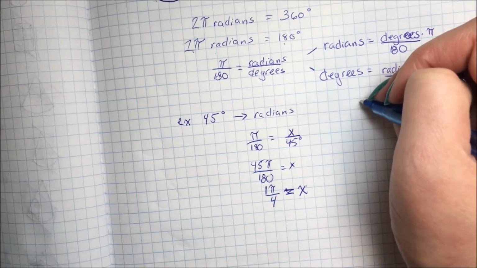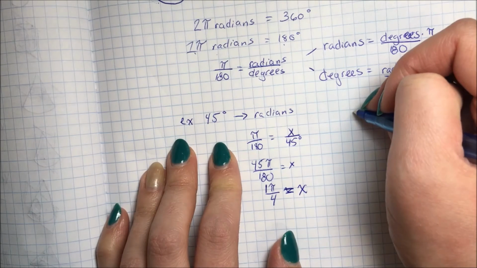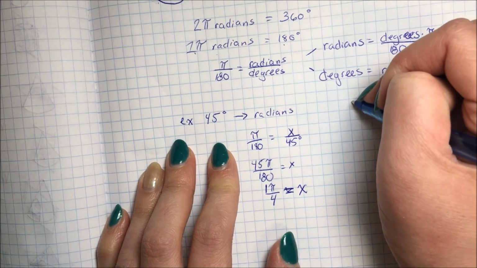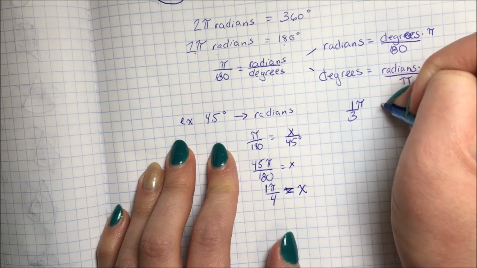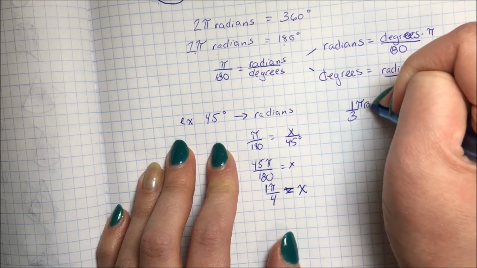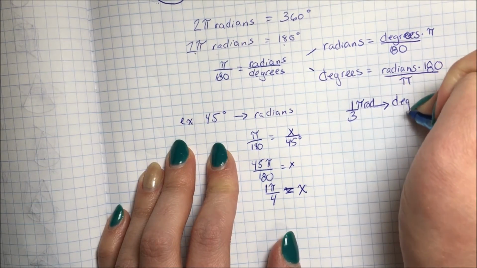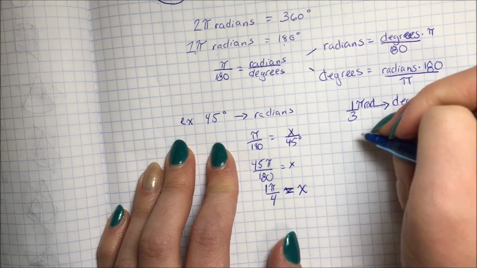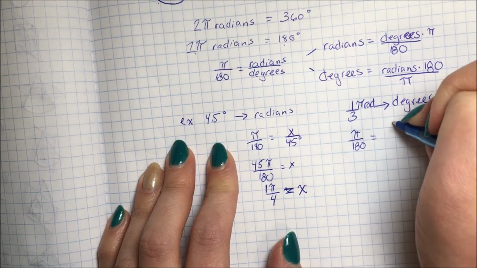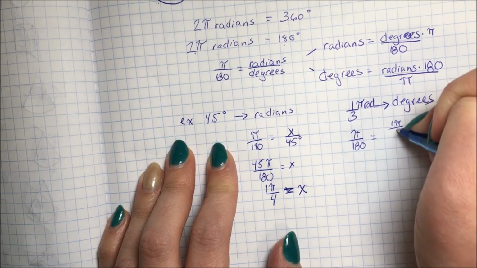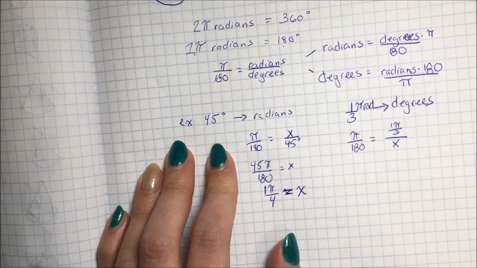Okay, and if I wanted to convert, let's say, 1/3 pi radians to degrees, I would do pi over 180 equals 1/3 pi over x.